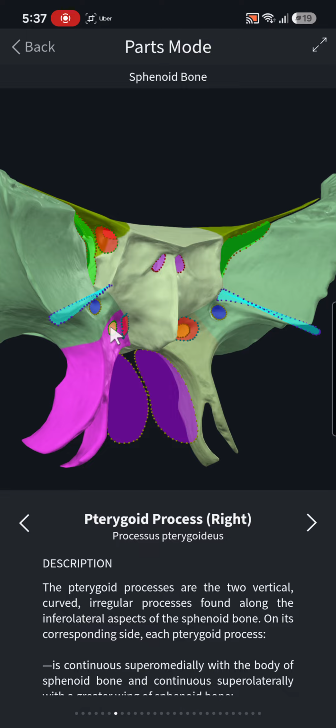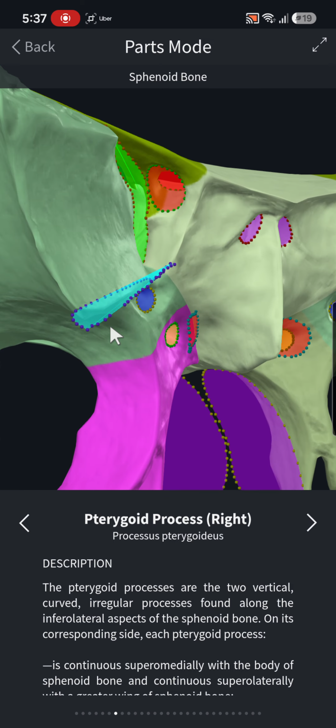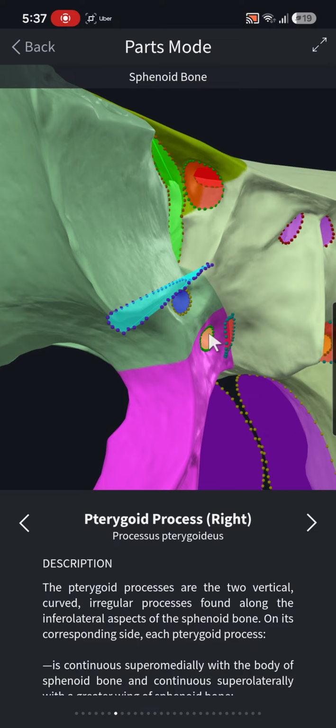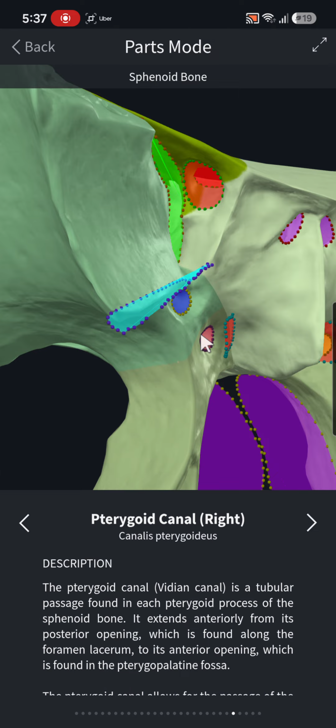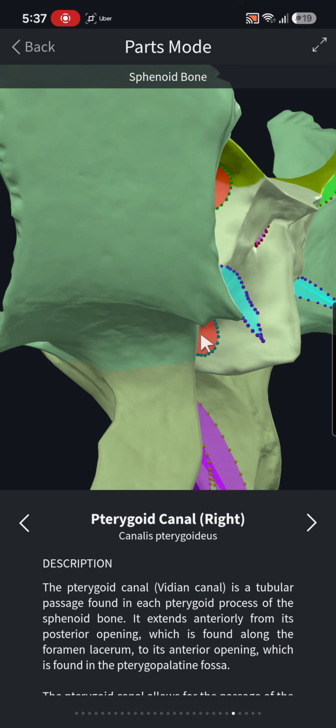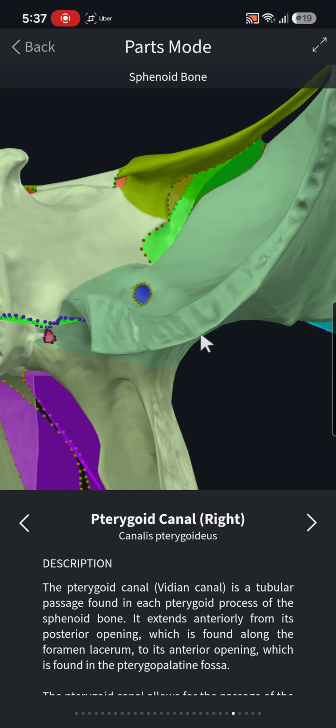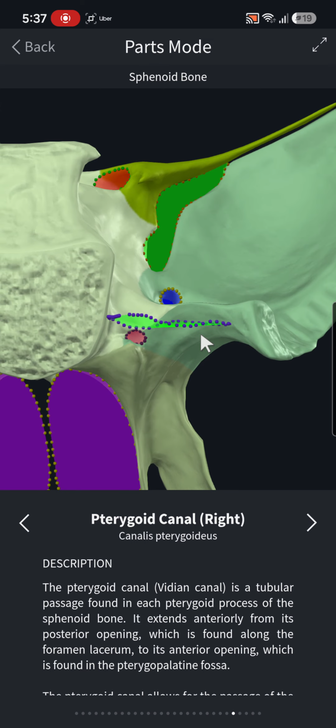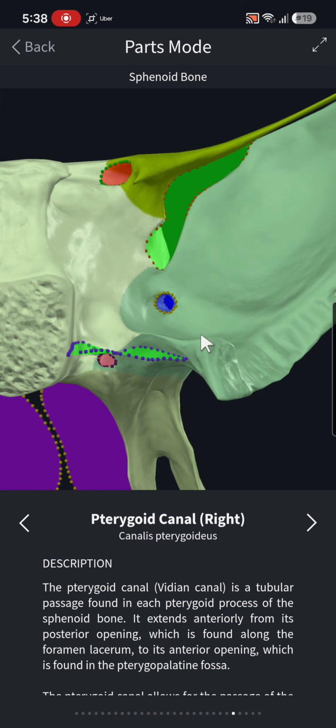enters the Pterygopalatine fossa through this Vidian canal. Okay, so the Vidian canal is an antero-posterior canal, so it pierces the sphenoid bone from posterior to anterior, right?